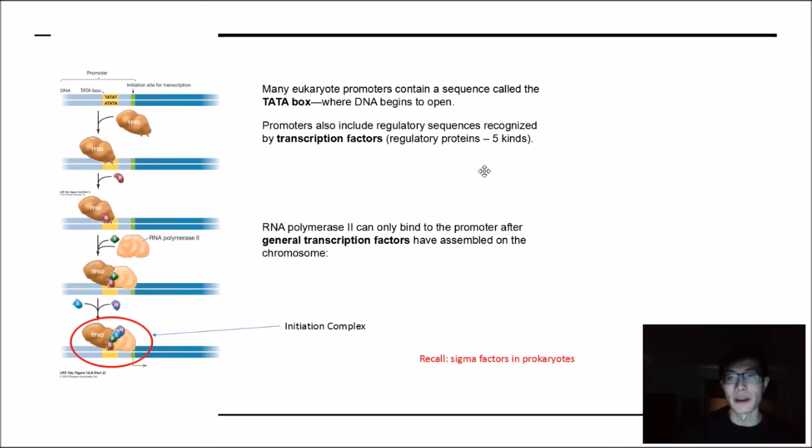Promoters also include regulatory sequences recognized by transcription factors, and you ultimately have this unique complex that forms between the RNA polymerase and your different transcription factors and general transcription factors. It's this binding that allows for the initiation complex. So here you have transcription factors that can help regulate the transcription of whatever gene we're talking about.